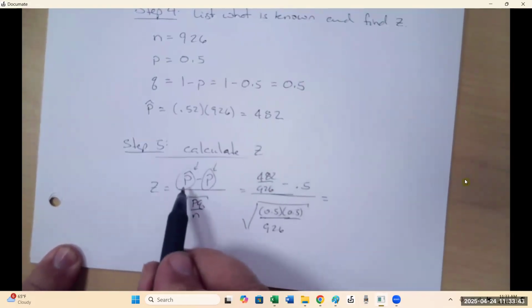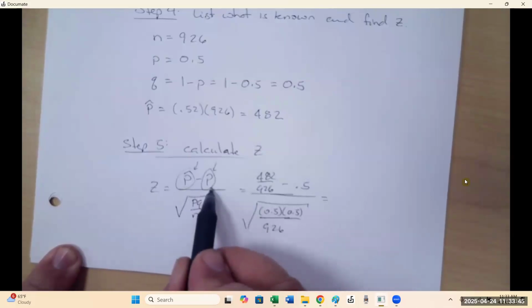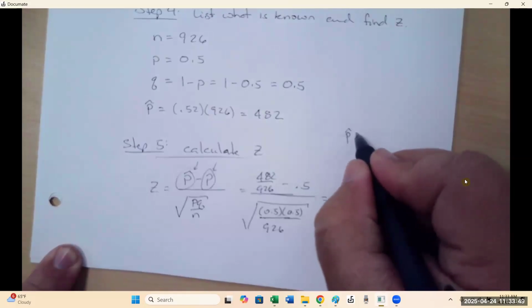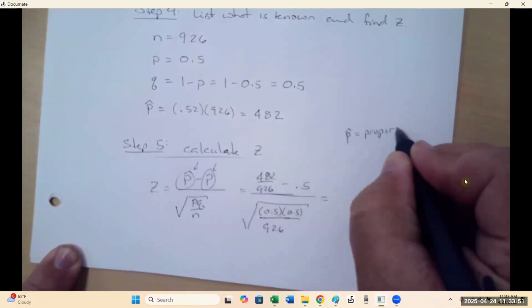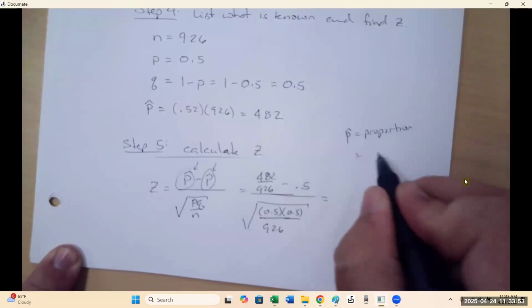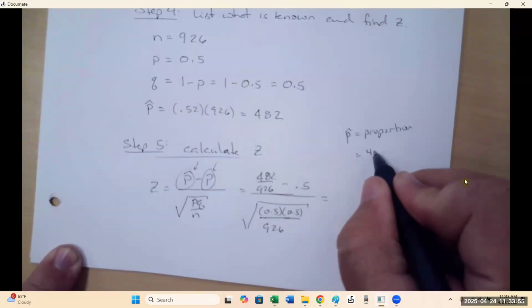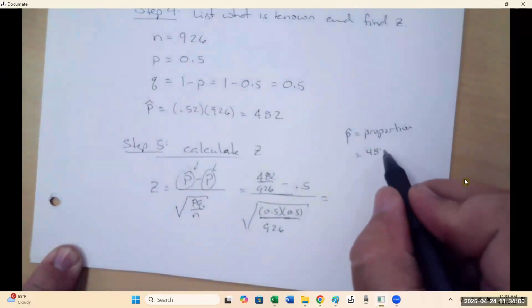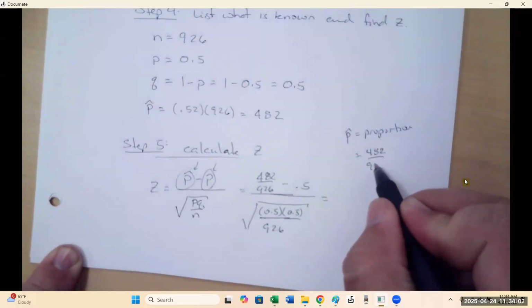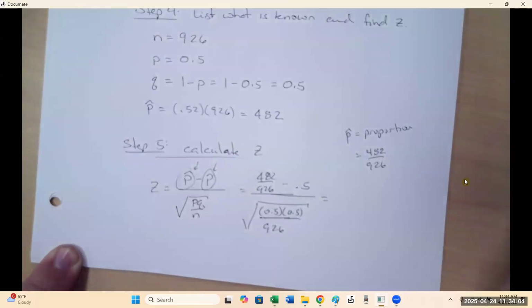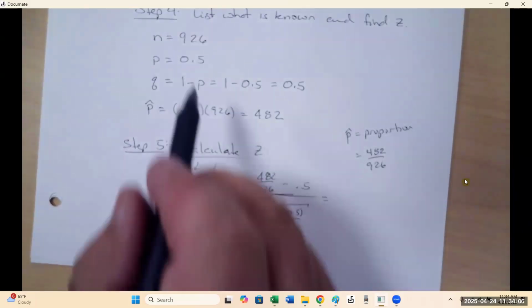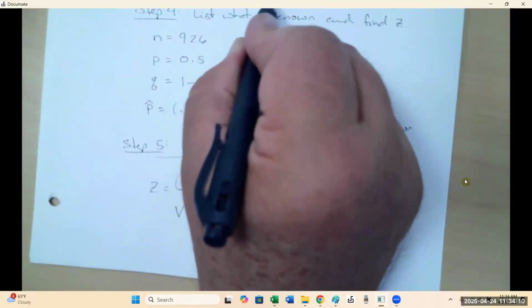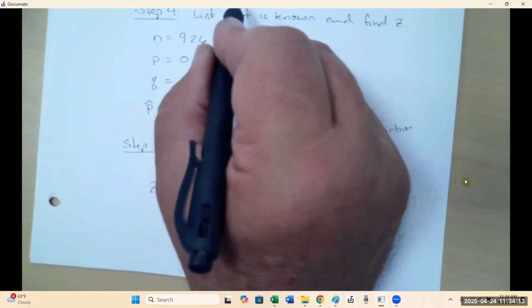So it's p hat, the value as a proportion, is 482 divided by our N, because it's 0.52 of 926. That gives us a value.